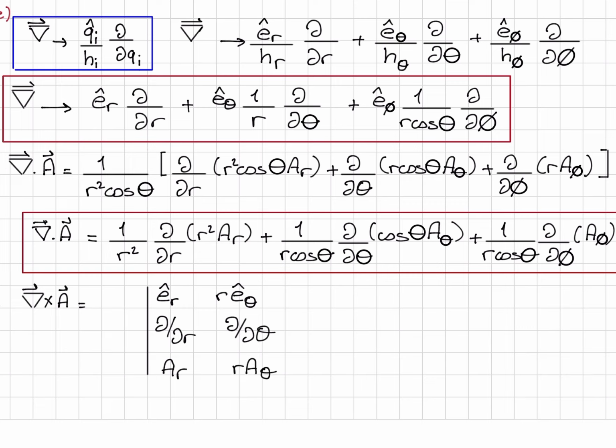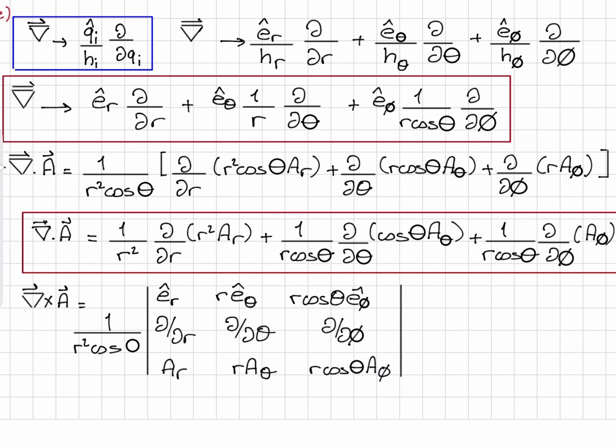Then we have h phi e phi hat, r cosine theta e phi hat, del del phi, r cosine theta A phi. And we have to divide this by the product of the scale factors h_r, h theta, h phi, which is 1 over r squared cosine theta. And we can do this with respect to the first row here.